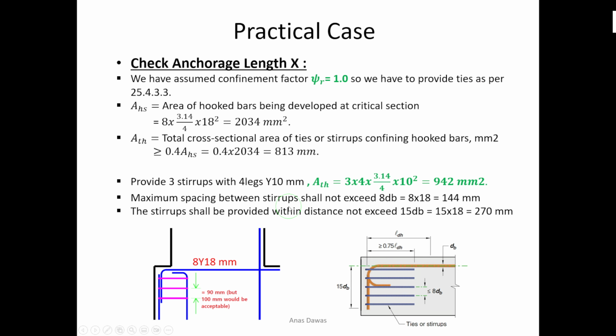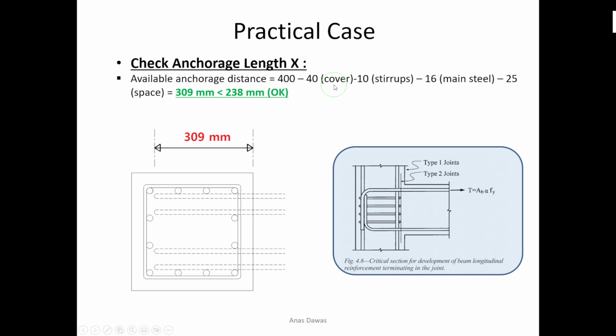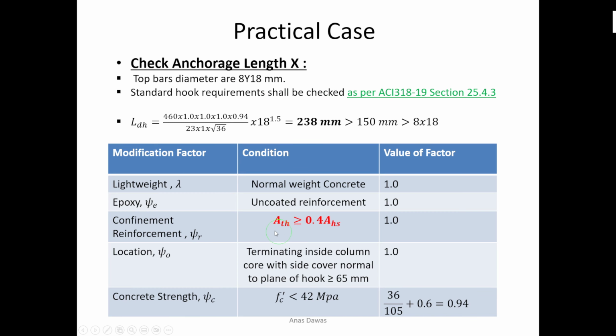This is number one. Now, the second condition that I have to check is the confinement. I have used the factor equal to 1. To use 1, I have to provide here a confinement reinforcement with minimum value equal to 40% of the hooked bars.